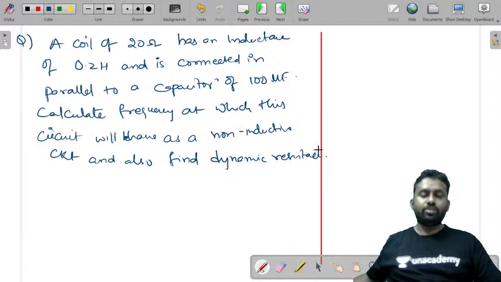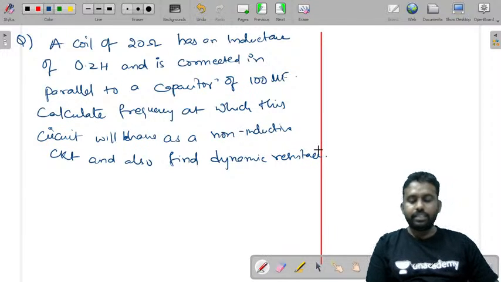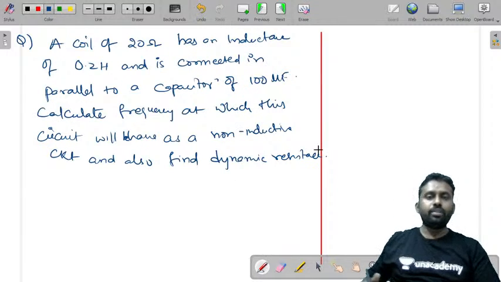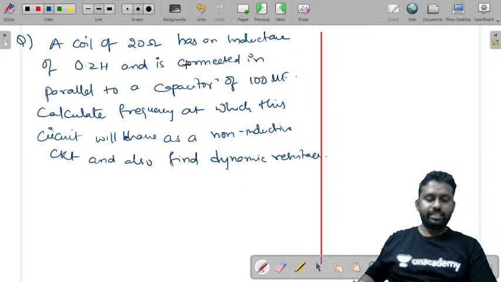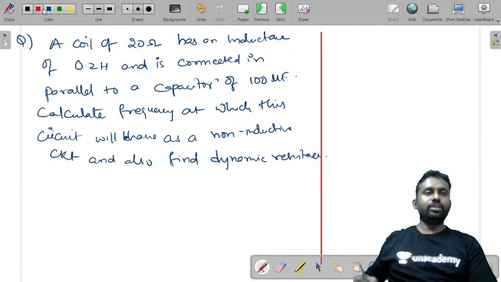This is the question given to us. We are asked to find these things. Let us see what are the things that are given to us.